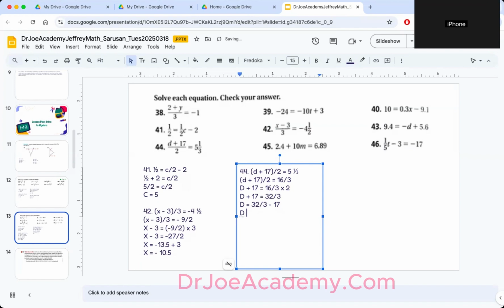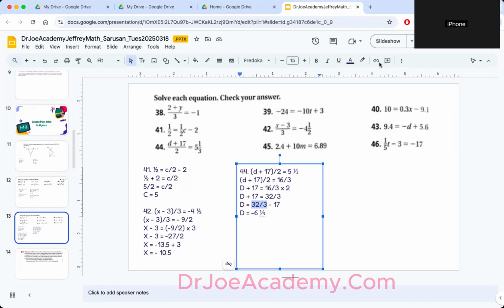It's negative 6 and 1/3. That looks correct. Yeah, that's correct. I'm good with this. So it looks like we just converted this to a mixed fraction and then we subtract 17. That's fine.